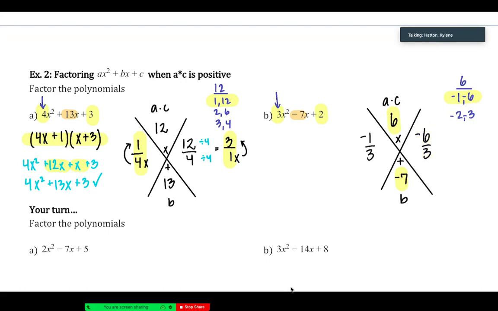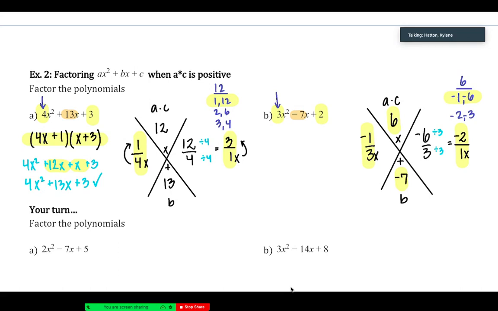So we're going to reduce it by dividing each one by 3 to give us smaller numbers but the same value. So -6 divided by 3 is -2, over 3 divided by 3 is 1. And then the -1 over 3 over here can't be reduced. So those end up being our final simplified fractions, so we can create our factors based off of those.